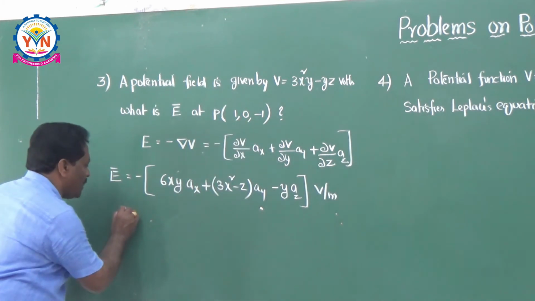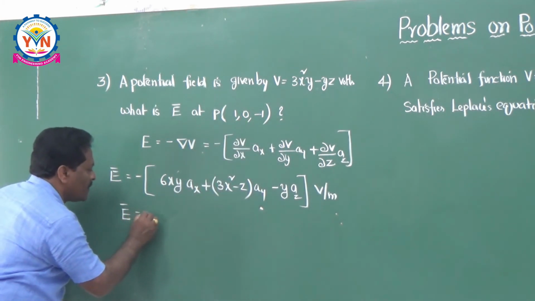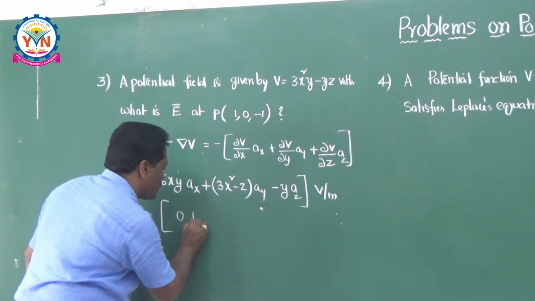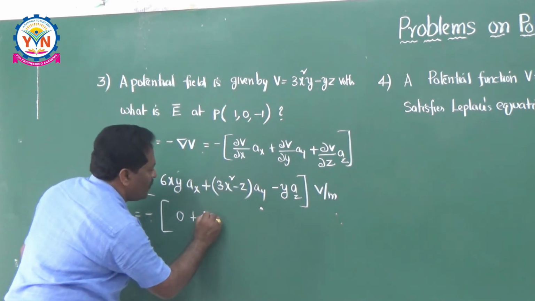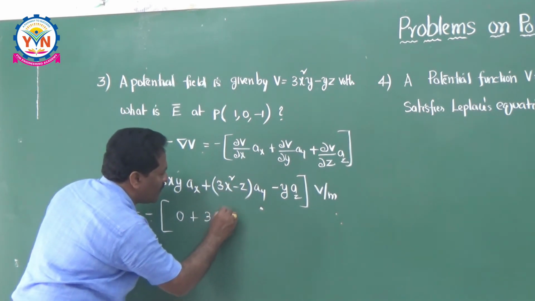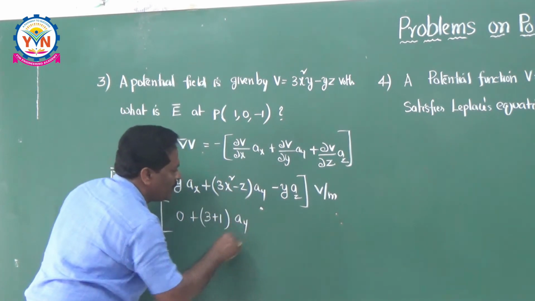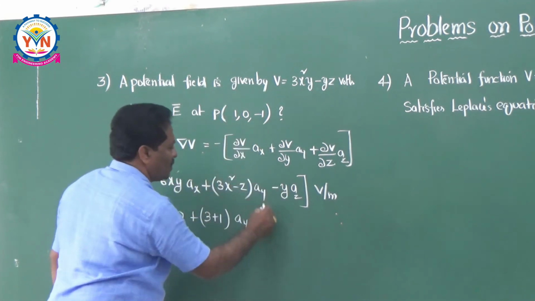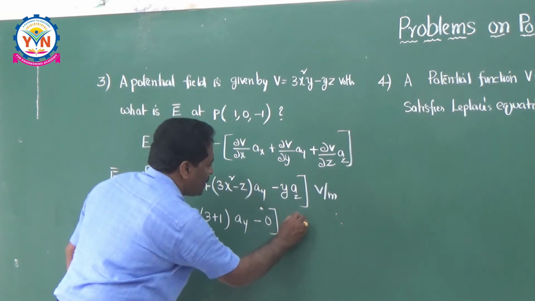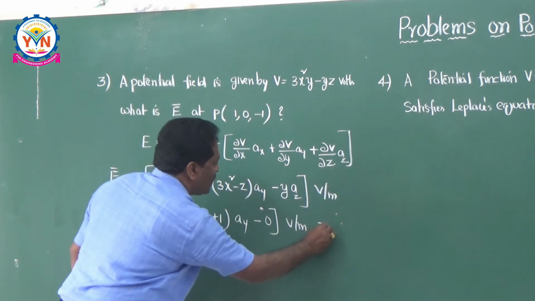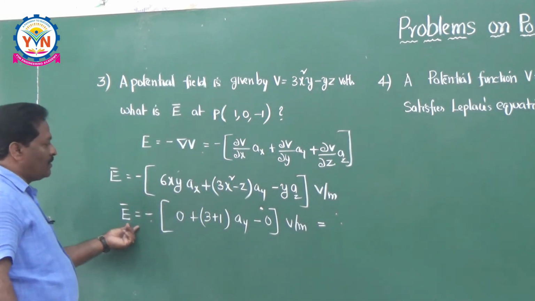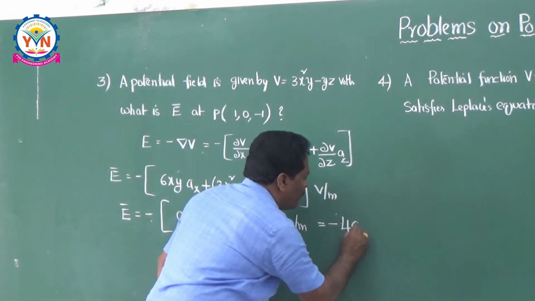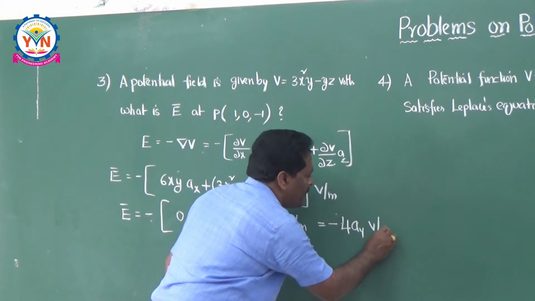So, you can say E bar is equal to minus of, this is 0 and this is 3 minus of minus 1 plus 1, that is 4 into Ay, and this is also 0 because y is equal to 0 here, volt per meter. So, E bar is equal to minus 4Ay volt per meter.